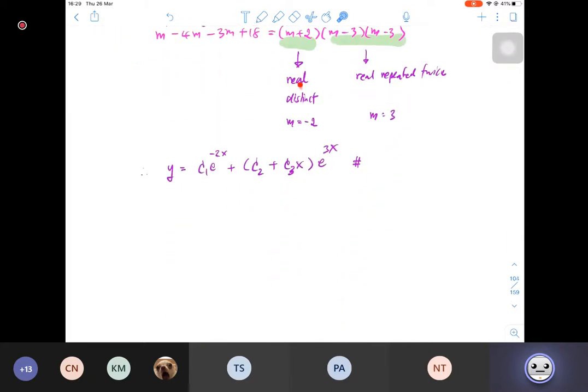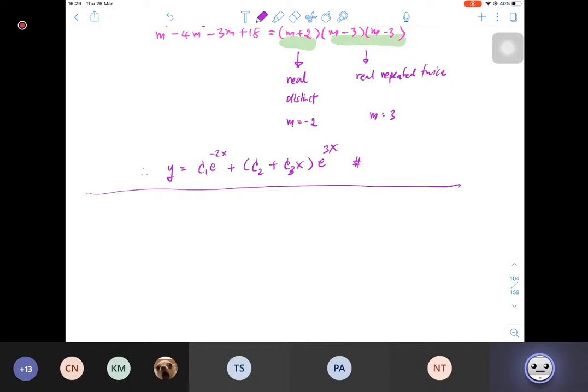So you have m equal to 3 repeated twice. That would go for c2 plus c3x times e to the power of 3x. And you have one real distinct root, m equal to minus 2, which gives the first term. So that would be the solution.